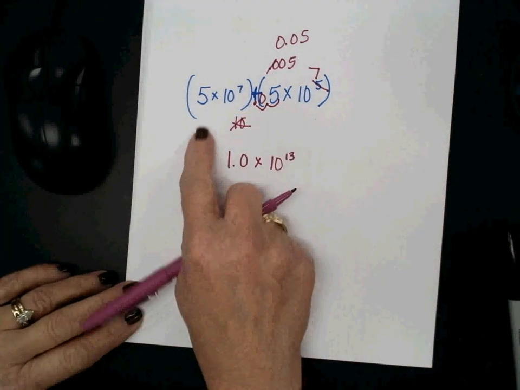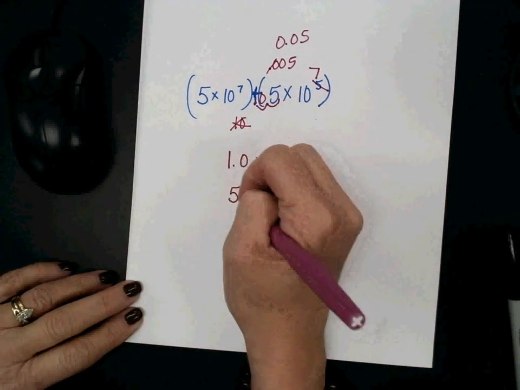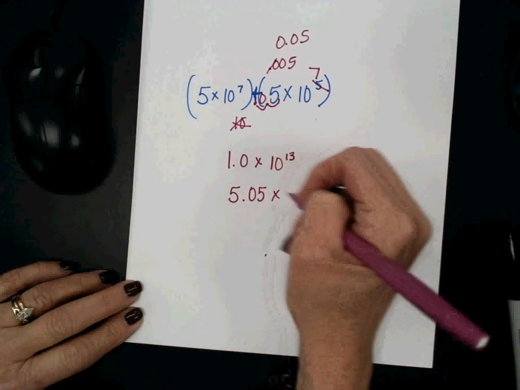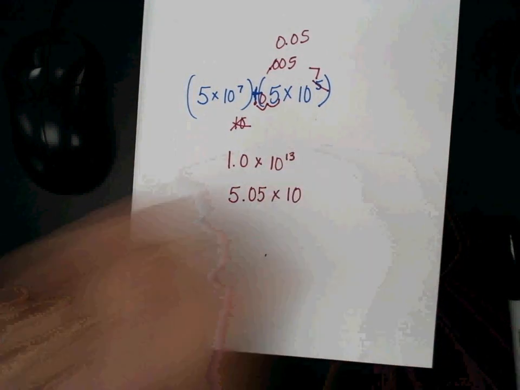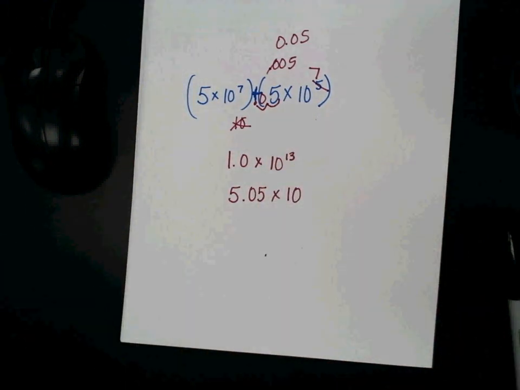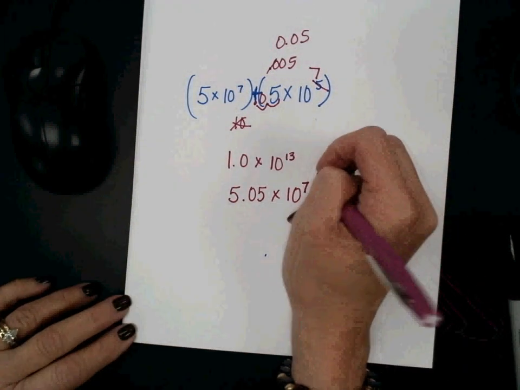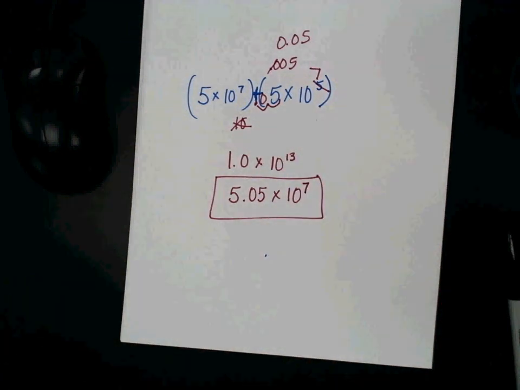Should be 0.05. So my answer when I do my addition should be 5.05 times 10 to the what? You have to add them together. No, you don't. We're not doing multiplication. We're doing addition. To the 7th. Who'll have that answer? Good job.